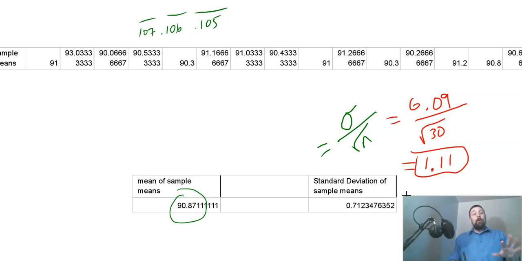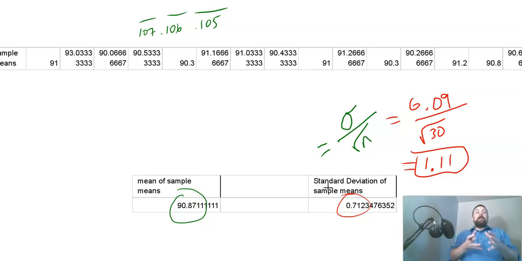It's within 0.5 of the value that it would equal if we had every possible sample of size 30. So for the 15 sample means that I found, the standard deviation was this. But if I found all samples of size 30 from the population, this would be the standard deviation that I should find. And they're in rough agreement. Not maybe as well as the means were, but close enough.